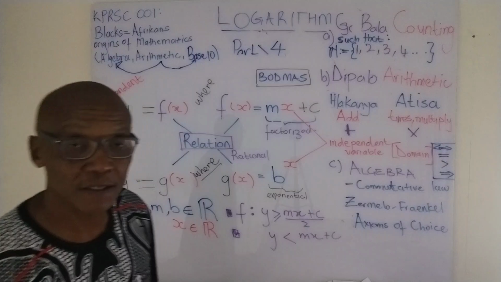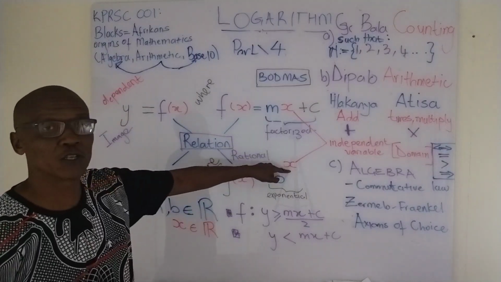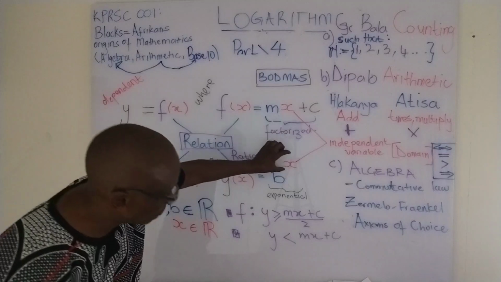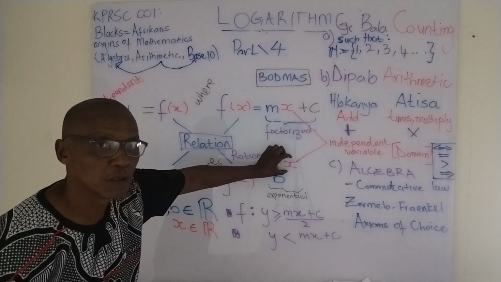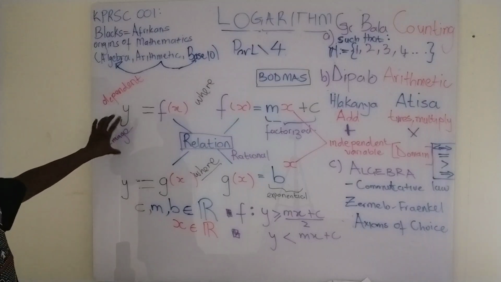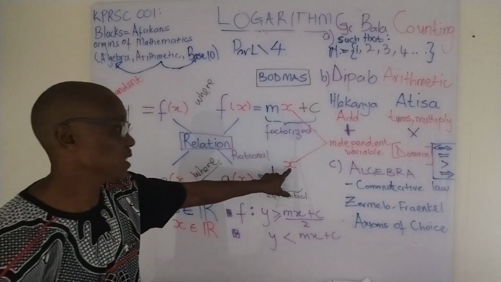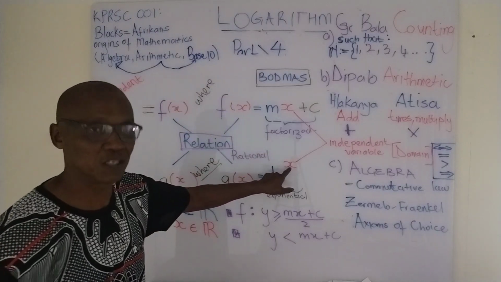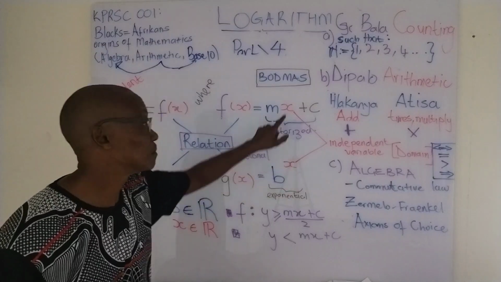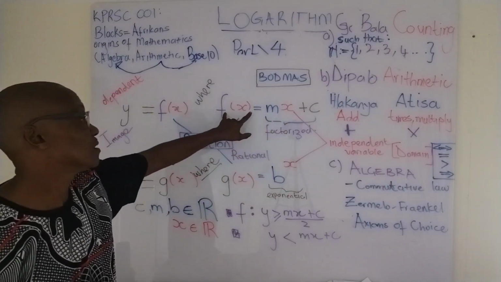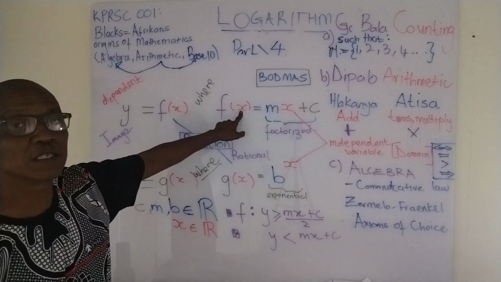So Y depends on your choice, which is independent. The choice is an independent variable. This Y, the image, depends on the independent variable, which is your choice, this X. And the function tells you exactly what the independent variable is.